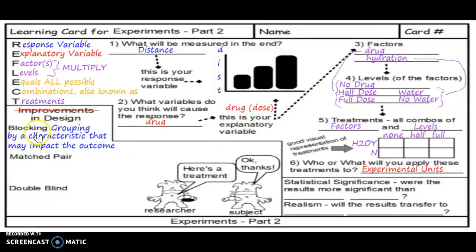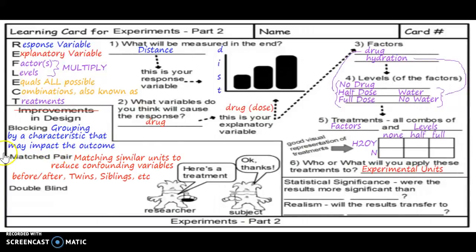But if you are grouping by some kind of characteristic before you administer the treatment, then that is called blocking. And what that does is it helps to ensure that each one of the treatments is given to each one of the groups. So that is a quick explanation of blocking.